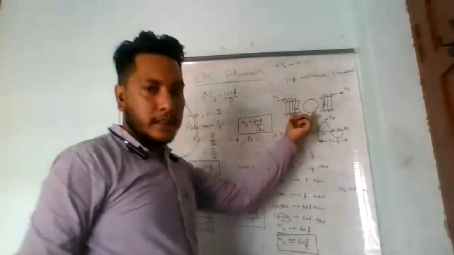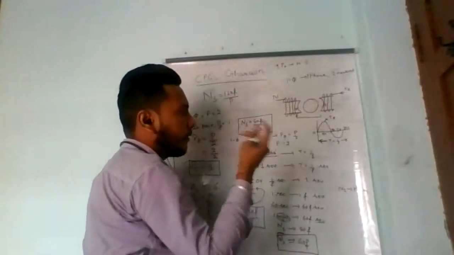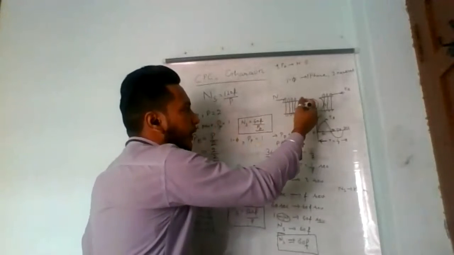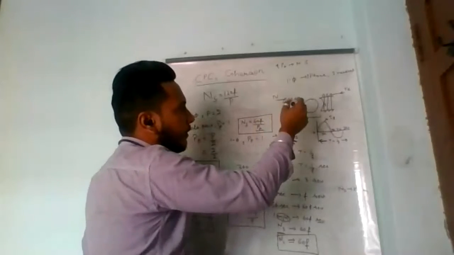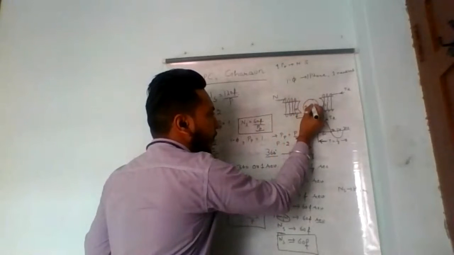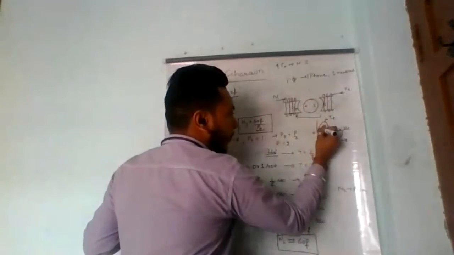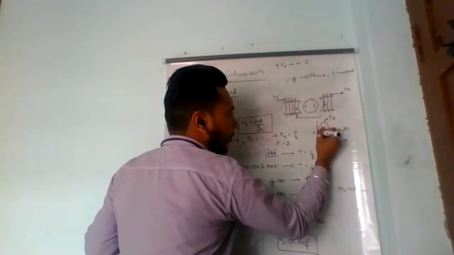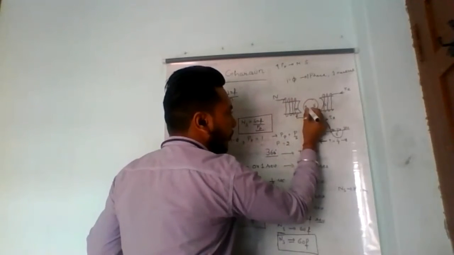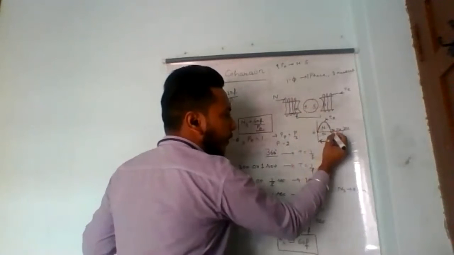Let us consider the single phase induction motor again, because the question is why single phase induction motors are not self-starting. When we give single phase supply to the stator of the induction motor, the magnetic field formed is: here is north pole, here is south. During the positive half cycle, the pole formed is north here and south here.